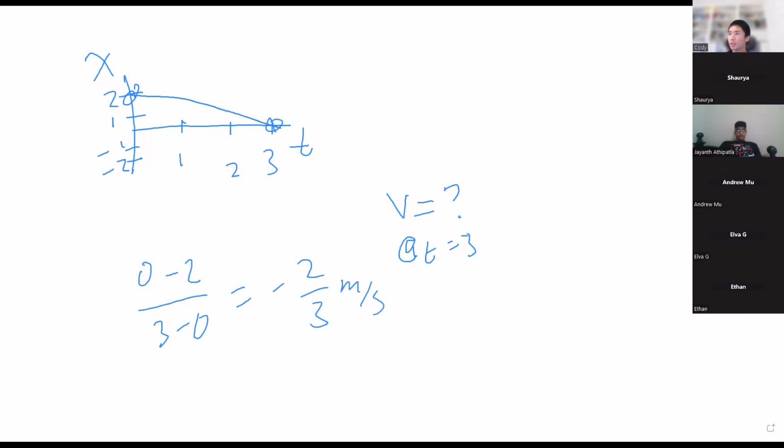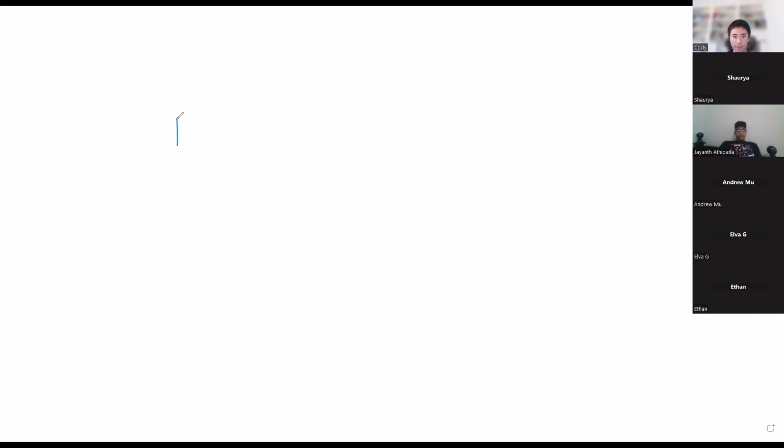Okay, I wanted to go over one more thing real quick for the graphs. It's for a velocity time graph. Let's say we wanted to find the distance, right? So say this is 2.